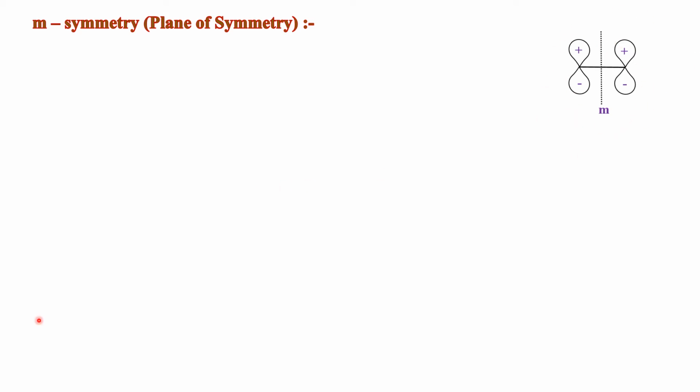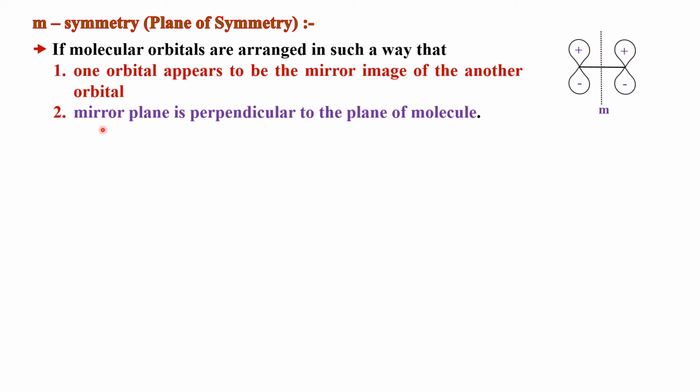How can we write it? If molecular orbitals are arranged in such a way that one orbital appears to be the mirror image of another orbital, and the mirror plane is perpendicular to the plane of the molecule, so we can show this is the orbital, this is the second orbital, both are mirror images of each other.